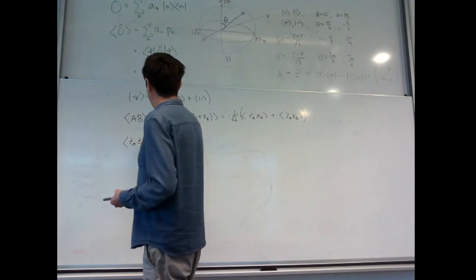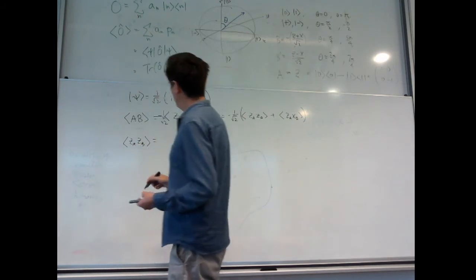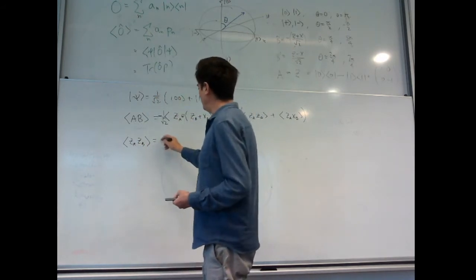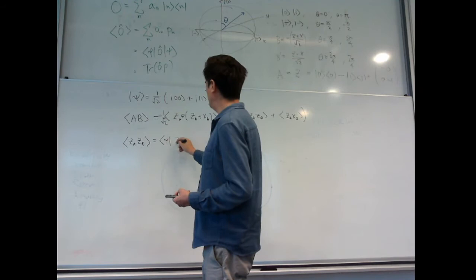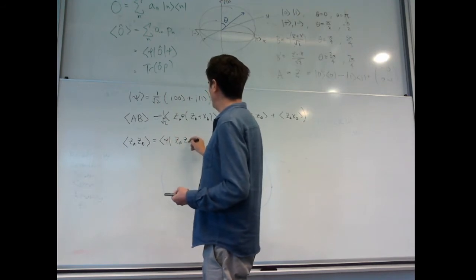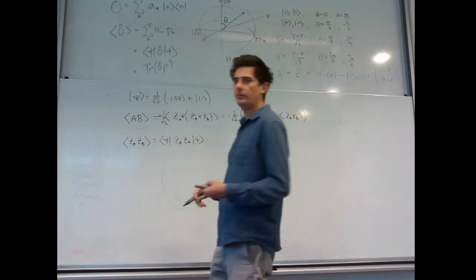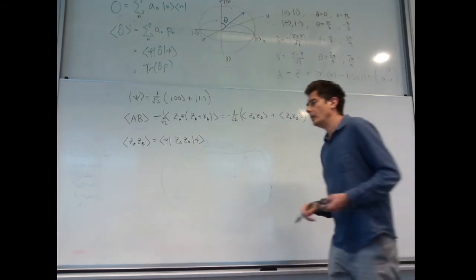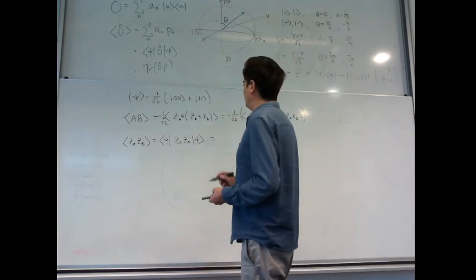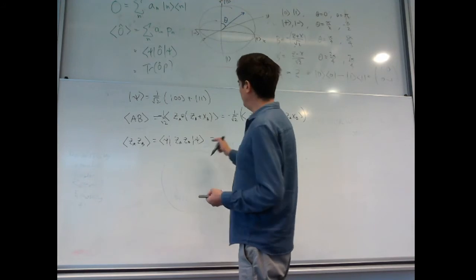So ZA, ZB. We can take the expectation value in the usual way, just using our expectation value formula. Then we can substitute the definition.